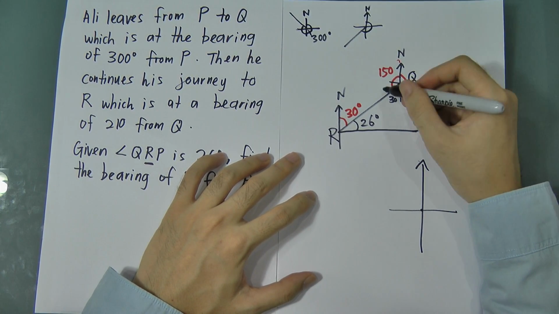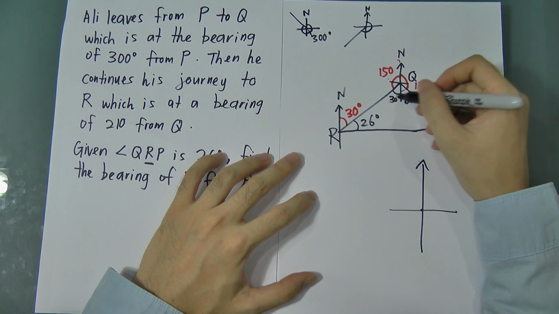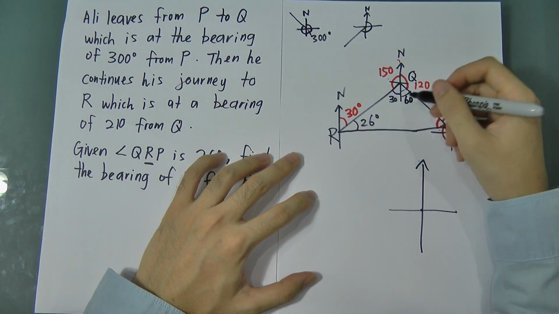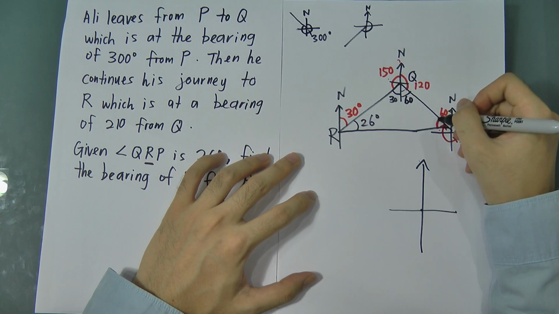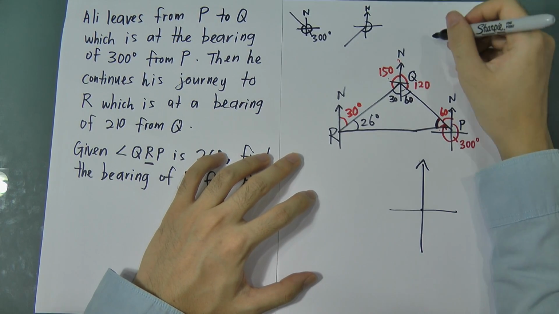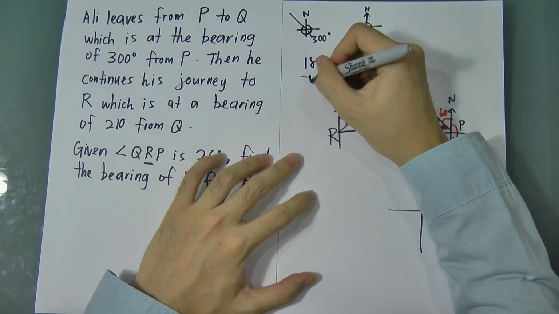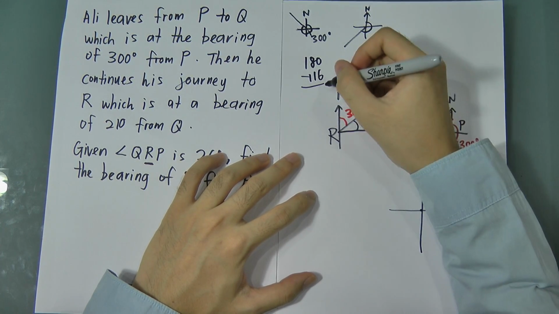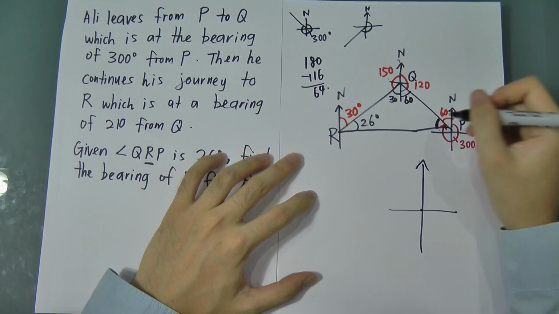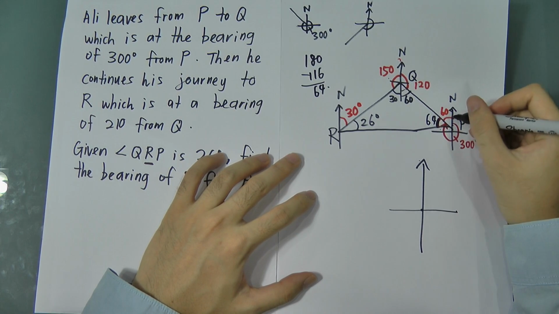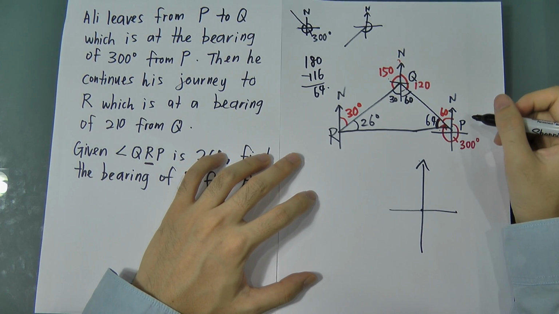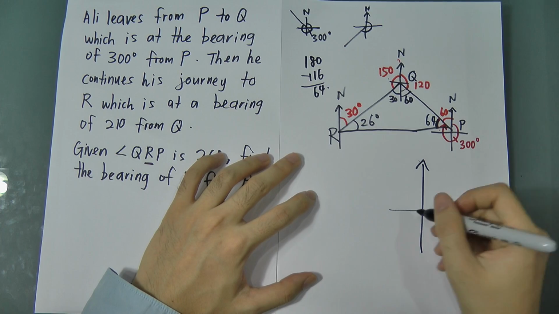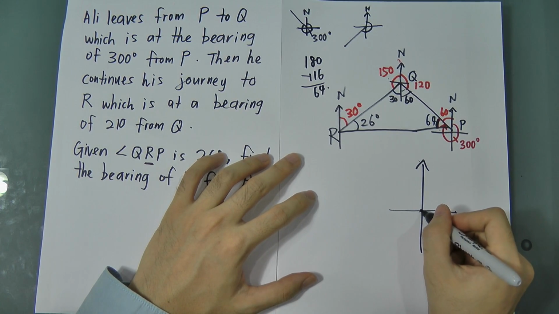This is 90, 360 minus these two, you get 90. Plus 26, 116. 180 minus 116 gives me 64. So here will be 64. So the total over here will be 124. 124 is somewhere here. So actually R is somewhere here.